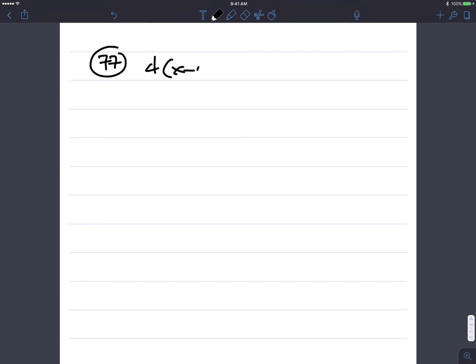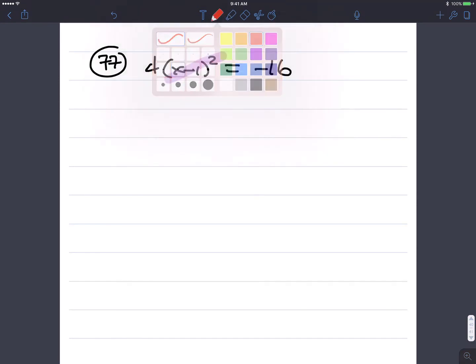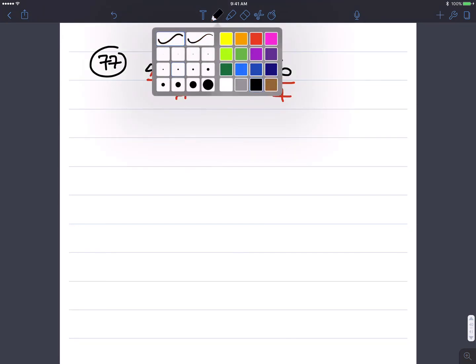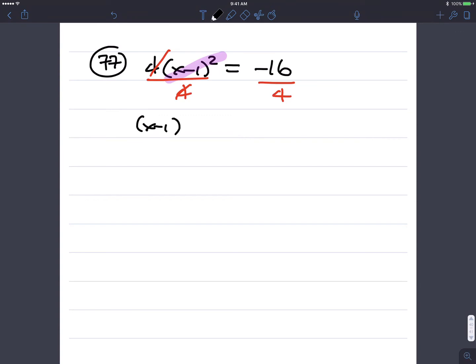77: 4(x − 1)² = −16. Again, we're going to solve for (x − 1)² by dividing both sides by 4.